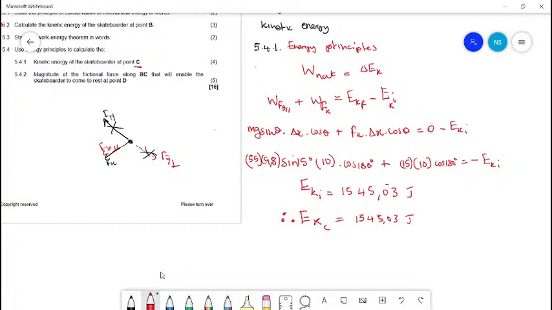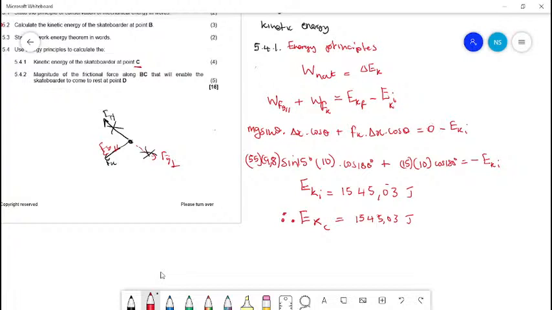So the last question wants us to calculate the magnitude of the frictional force along BC that will enable the skateboarder to come to rest at point D. So they've given you a condition: to make sure that the skateboarder is at rest at point D. You need to calculate the magnitude of the frictional force.